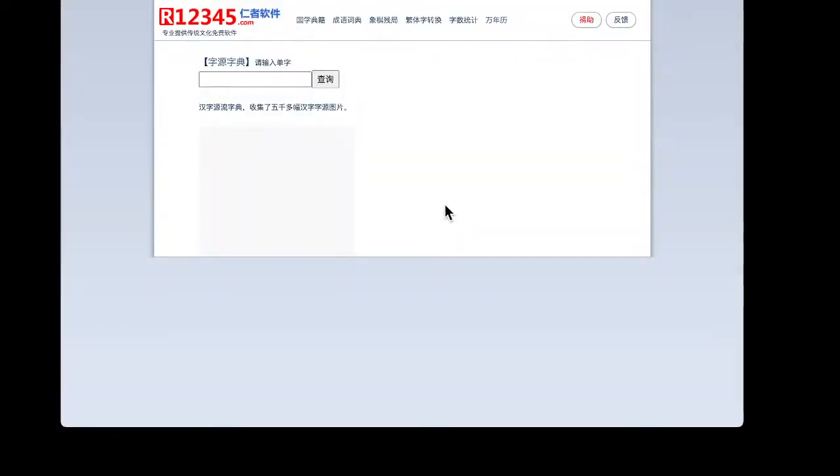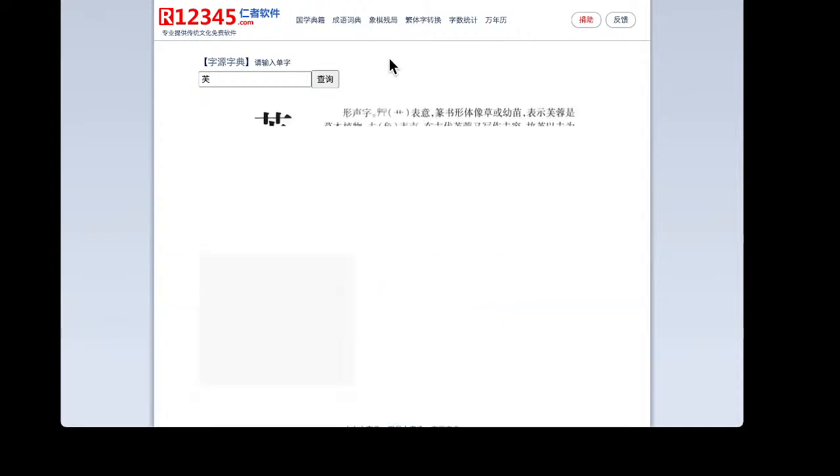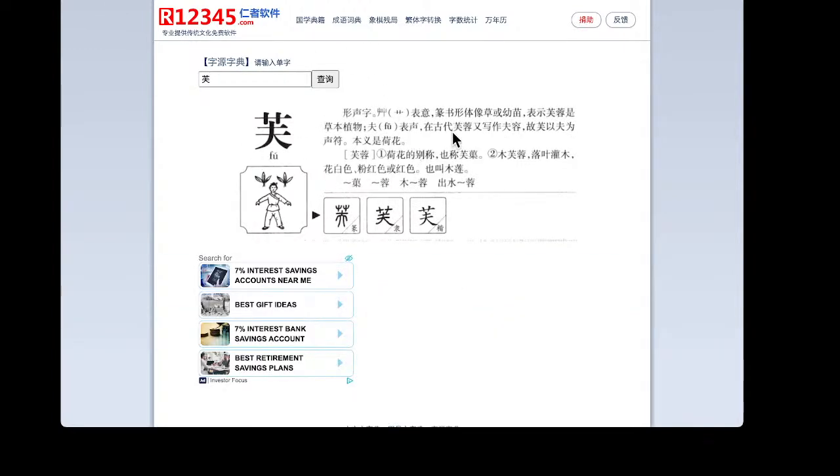So let's take a look at the character first. Okay, here we go. 芙. 芙 has a grass radical on the top and the 夫 representing the sun on the bottom, and so the original meaning, this character means lotus flower.